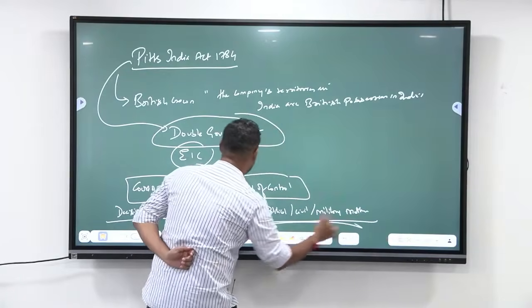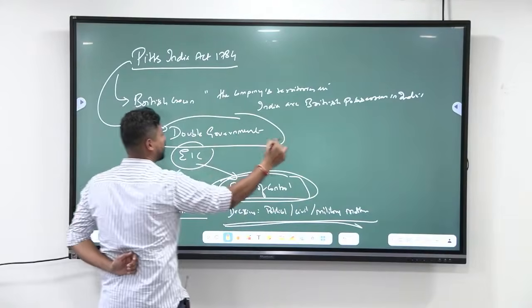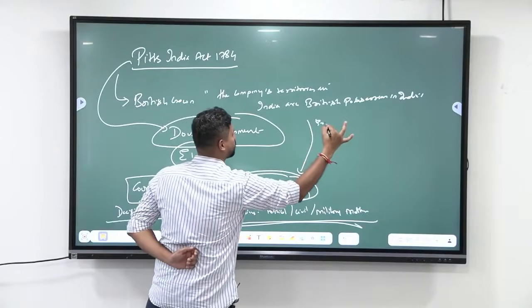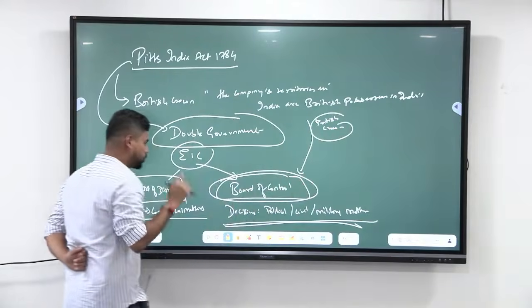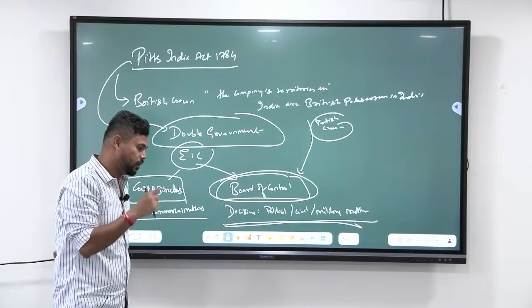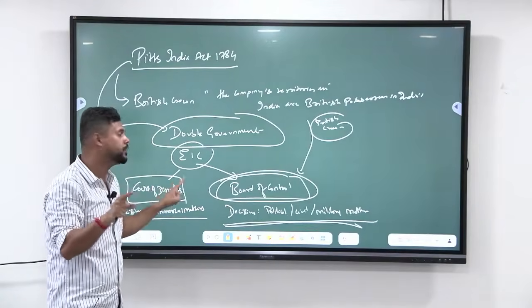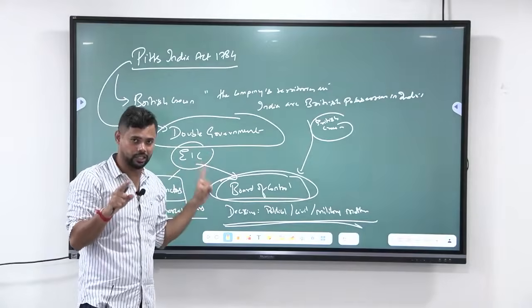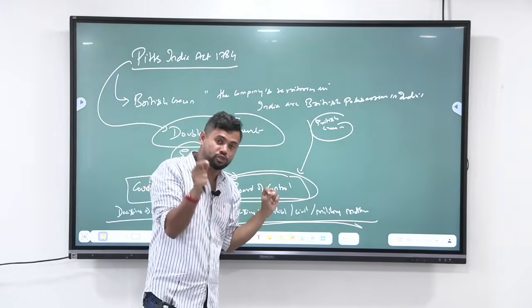The reason why they have divided like this is because for this board of control, the nomination will definitely come from the British Crown. The British Crown will nominate the members into this. So invariably, the British Crown has now started interfering in the affairs of the East India Company because it wants the control of the Indian territories.